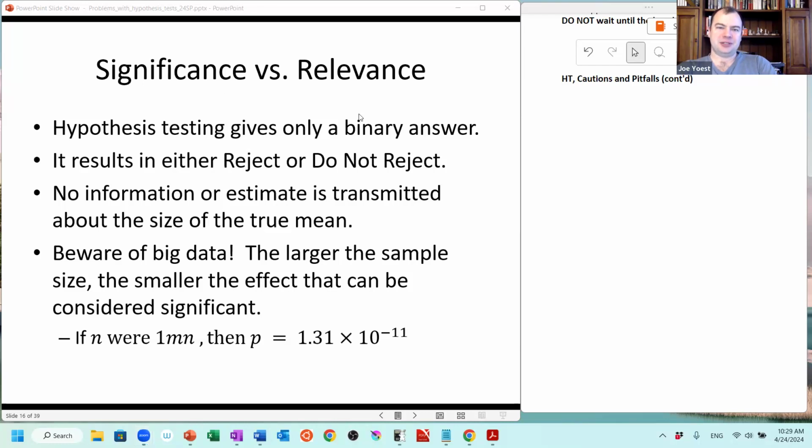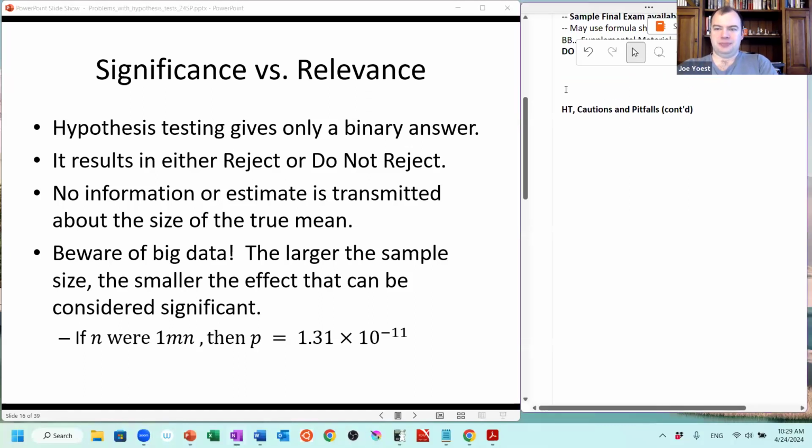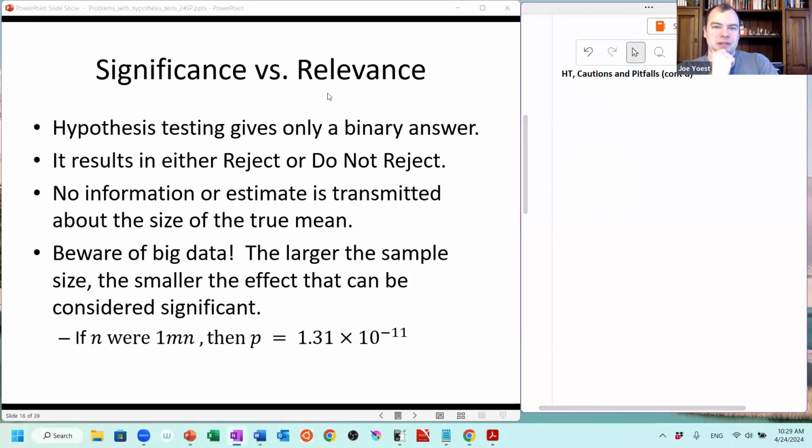Okay, so remember from last time we were talking about some cautions and pitfalls of hypothesis testing, particularly when it comes to the interpretation of the results of the hypothesis tests and maybe some of the choices that are made along the way. One of the things that we discussed last time was significance versus relevance, a very important idea. We can have a highly statistically significant result, but especially when we have big data, a large sample size, it could be of minimal relevance. We might not care about it. The effect size could be very small.